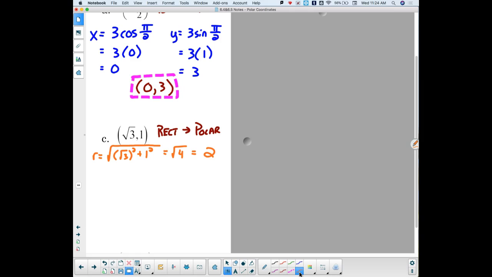Inverse tangent of? You tell me which one. She gave me both. She gave me 1 over the square root of 3 and the square root of 3 over 1. Because it's y over x, right? Okay. So it's 1 over the square root of 3. Inverse tangent of it.